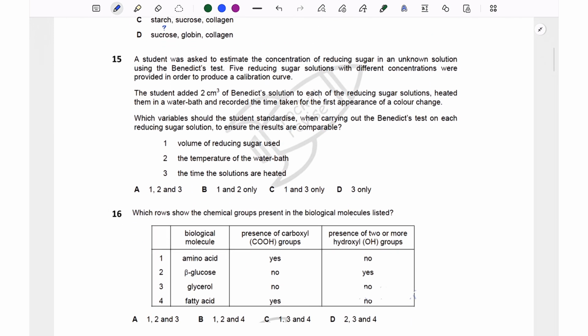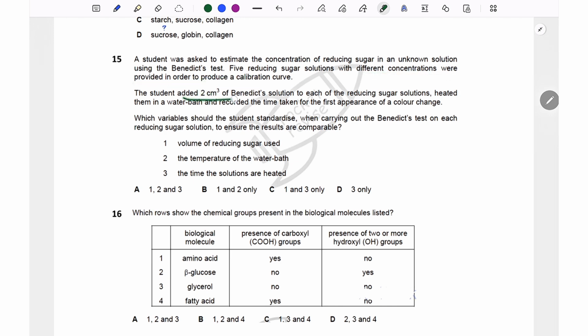Next question. A student was asked to estimate the concentration of reducing sugar in an unknown solution using the Benedict's test. 5 reducing sugar solutions with different concentrations were provided in order to produce a calibration curve.